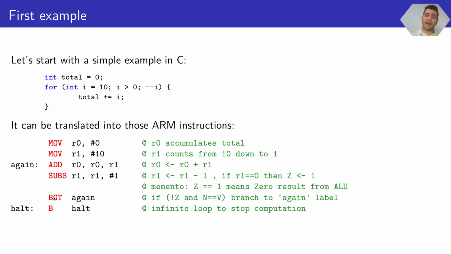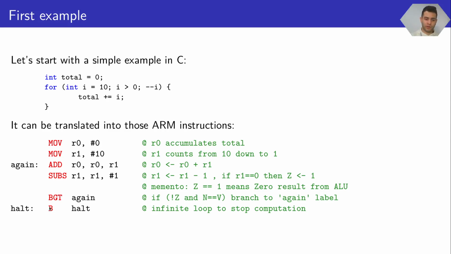B is another instruction that you haven't seen yet. B means branch. What's going on here is that if this condition, gt, greater than, is true, we are going to jump to this label. So we are performing those operations, and if this condition is satisfied, we will jump back to this instruction.